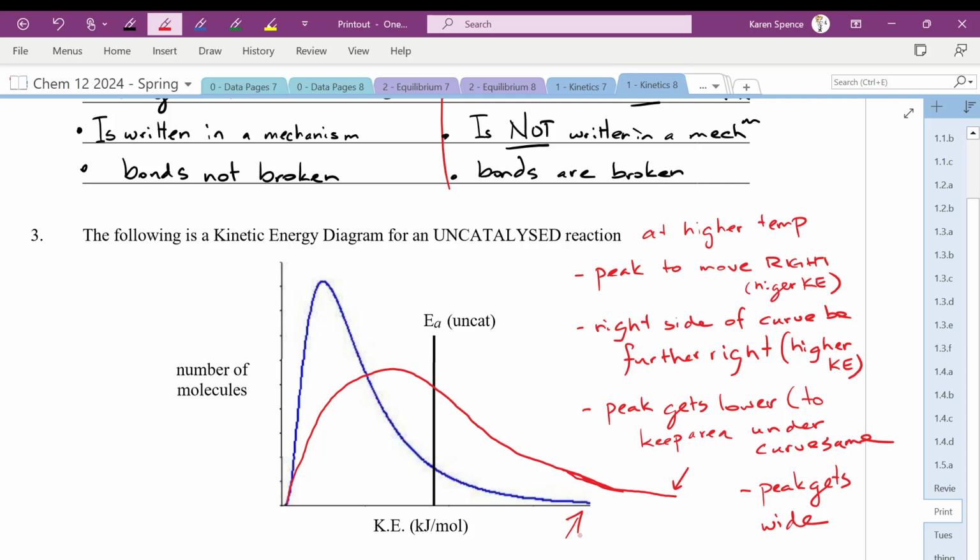Anyway, our average has moved over, so our peak has moved over. So this is an increase in average kinetic energy. We have an increase in kinetic energy of the fastest particles.